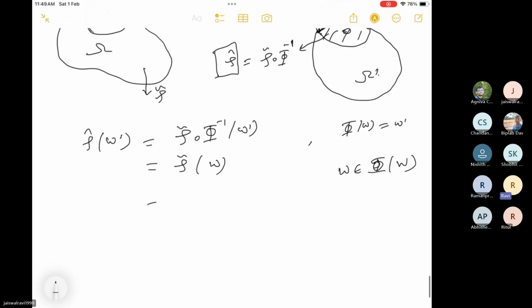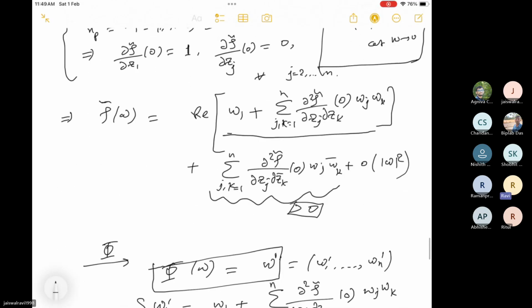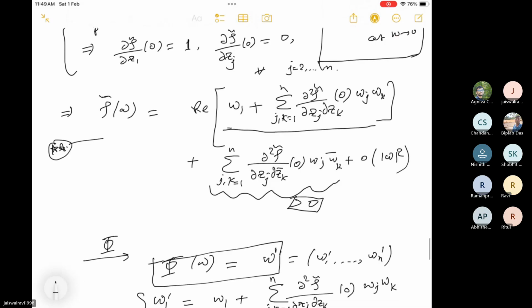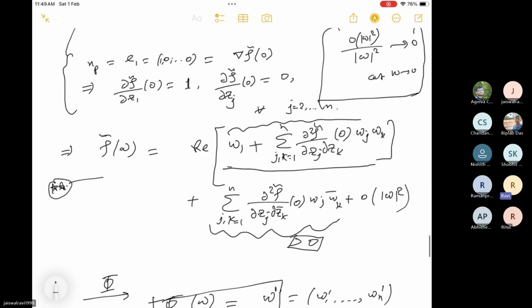And rho hat of W we know from the equation, say this double star.